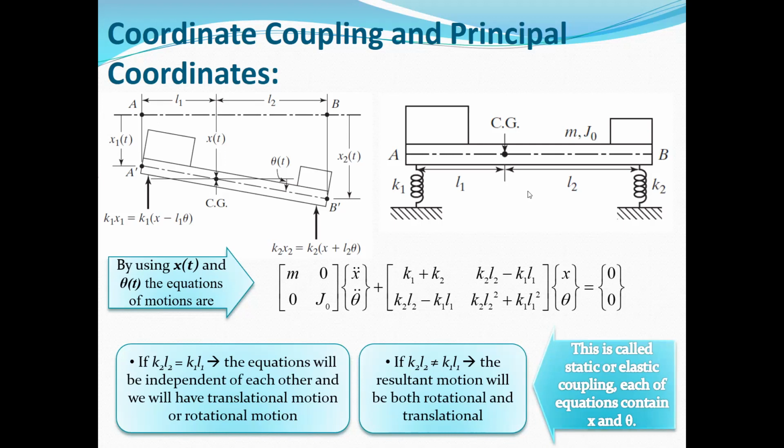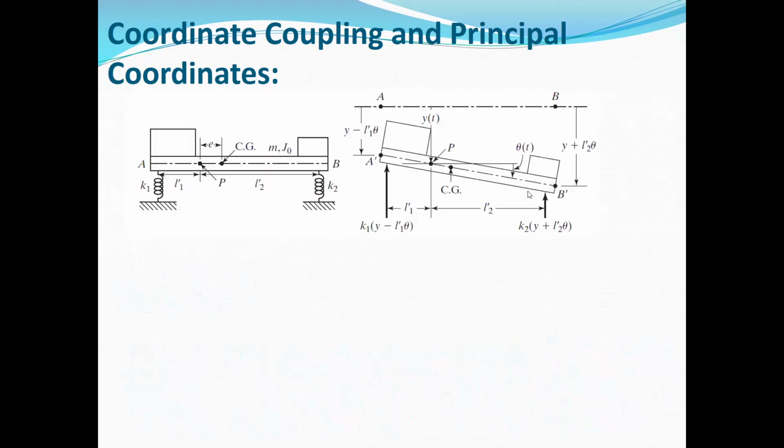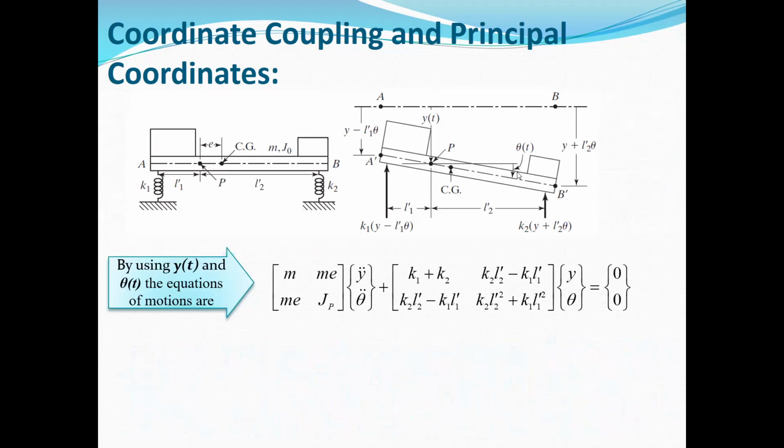Okay, but the second coordinate system that we can consider in this system is y and theta. If you extract the equation of motion for y and theta, you can see in the first equation the coefficient of y double dot is m, and the coefficient of theta double dot is m times e, where e is the distance between arbitrary point P and the mass center of the bar or of the system, in fact.